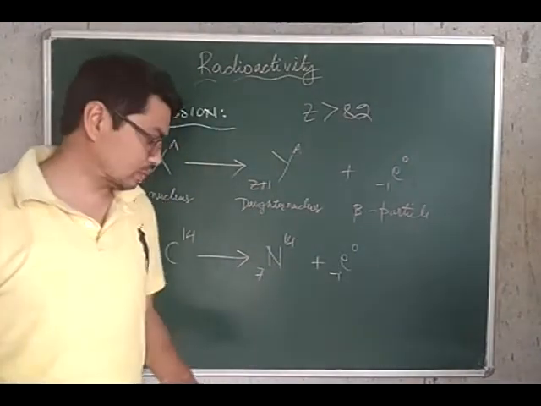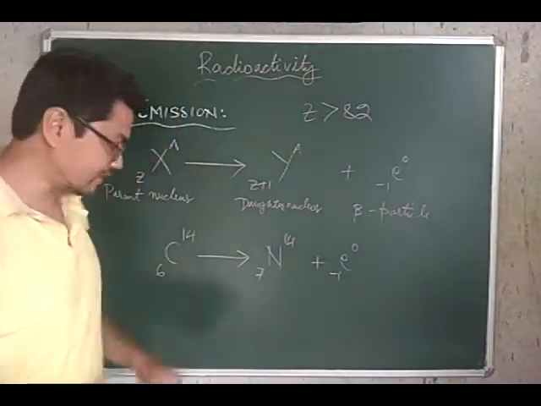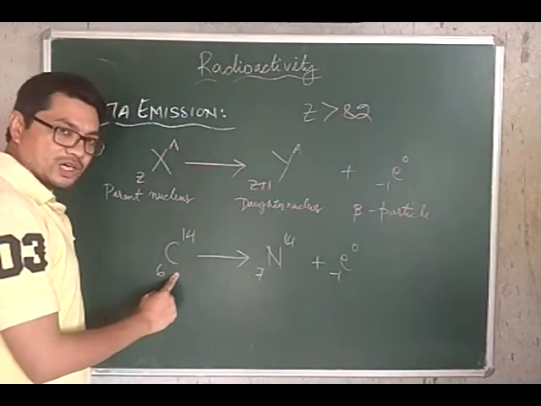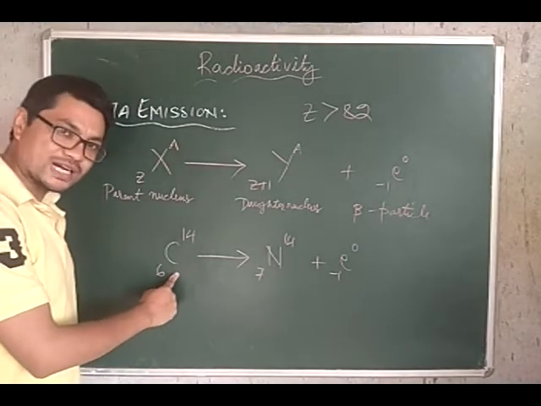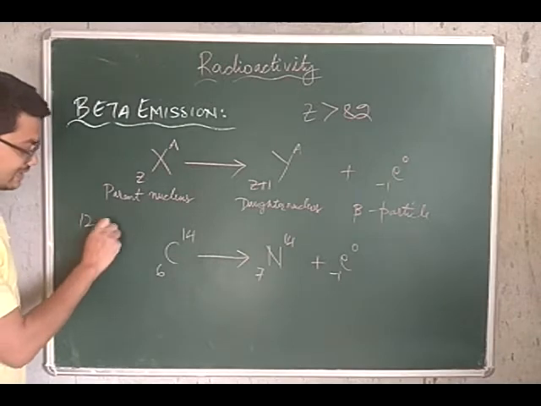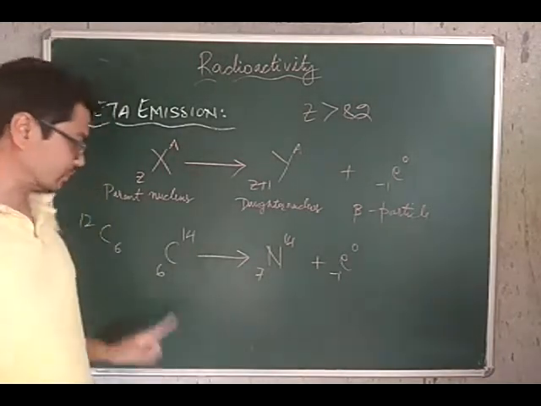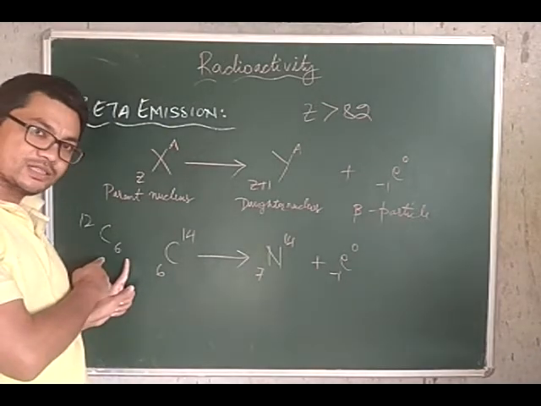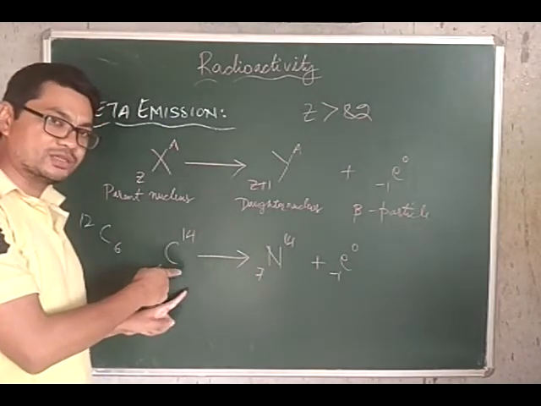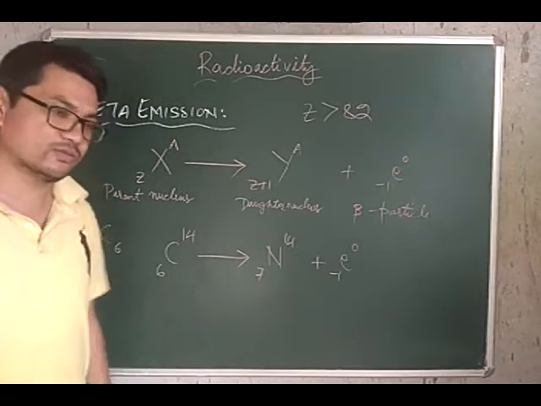Some isotopes of certain elements, like this isotope of carbon, 14C6, are radioactive, whereas 12C6 is the most widely available form of carbon, and this is not radioactive.